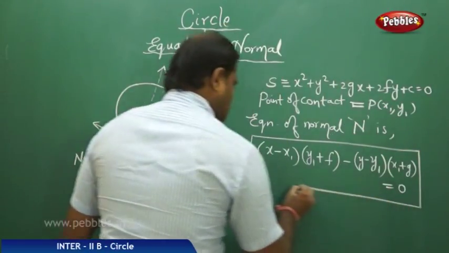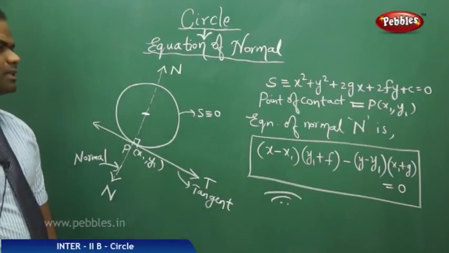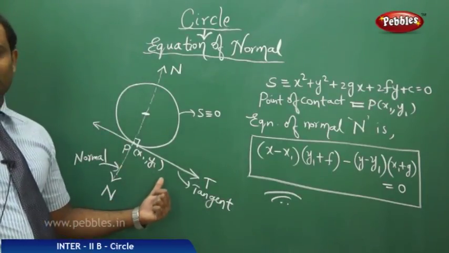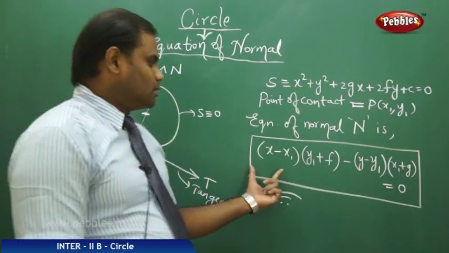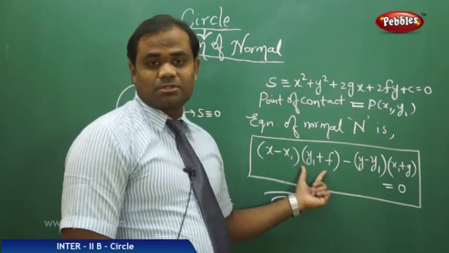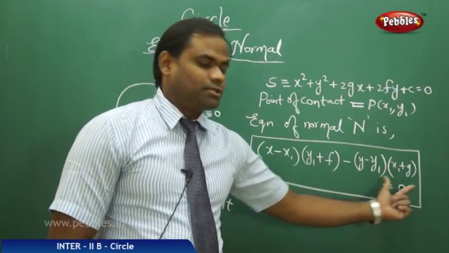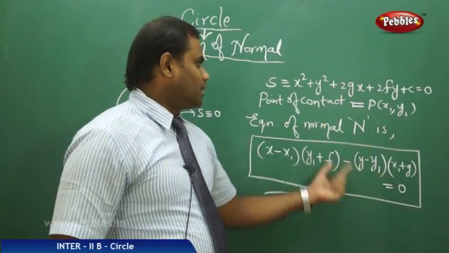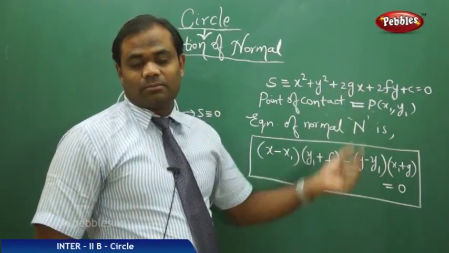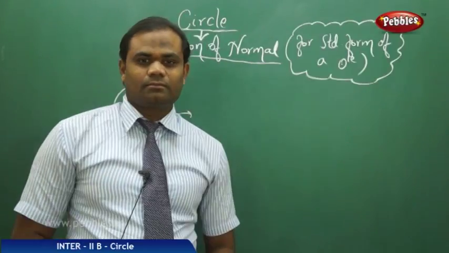This is the equation of the normal at the point of contact P(x1, y1), where x1 and y1 are obtained from the point and f and g are obtained from the general equation of the circle S equals 0.